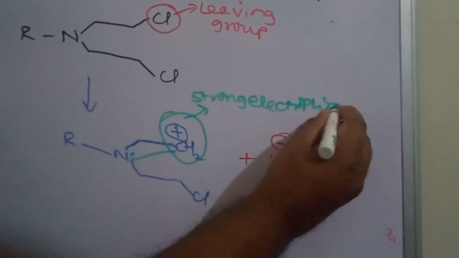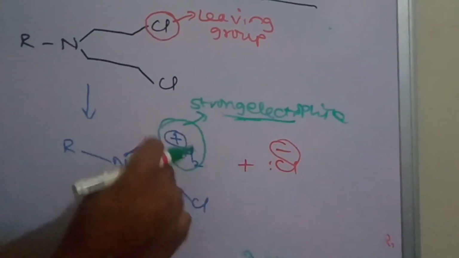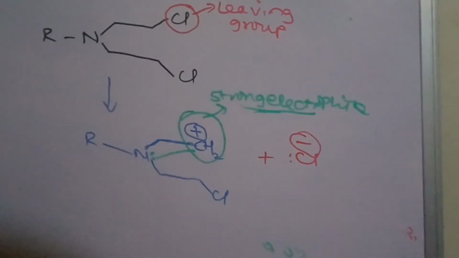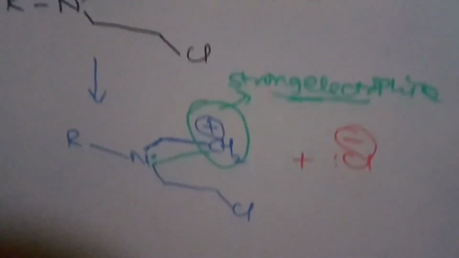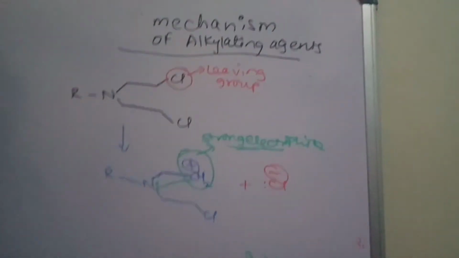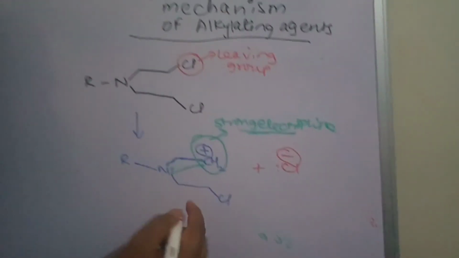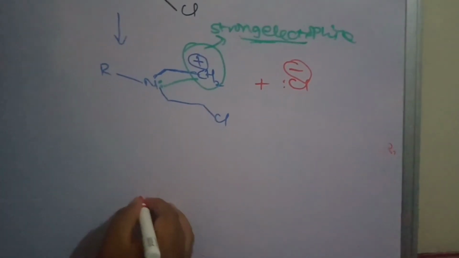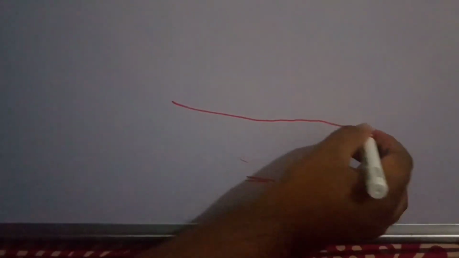Now this strong electrophile, what will it do? If you see the structure, you can find guanine. Guanine is present in the DNA. I write here for your understanding.